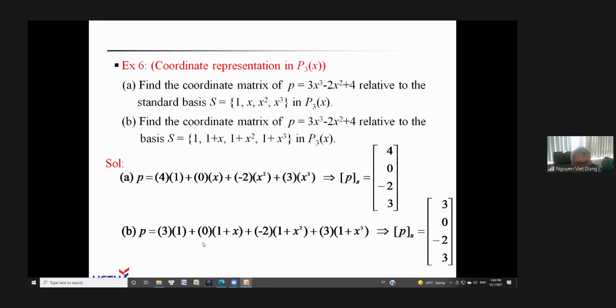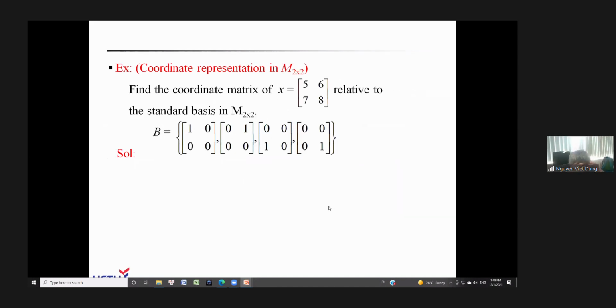The non-standard basis is here. And once again, after some calculation, you get the coordinate column of P in B prime, which is 3, 0, minus 2, and 3.